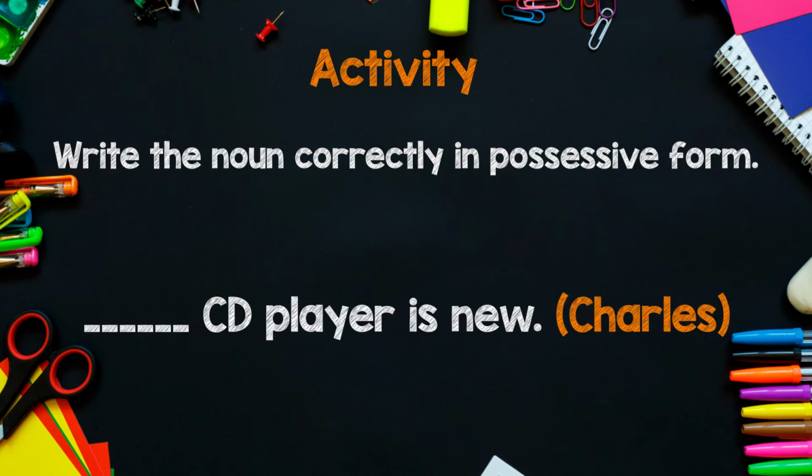Our noun here is Charles. The sentence reads, something CD player is new. How do we write the possessive form of Charles?